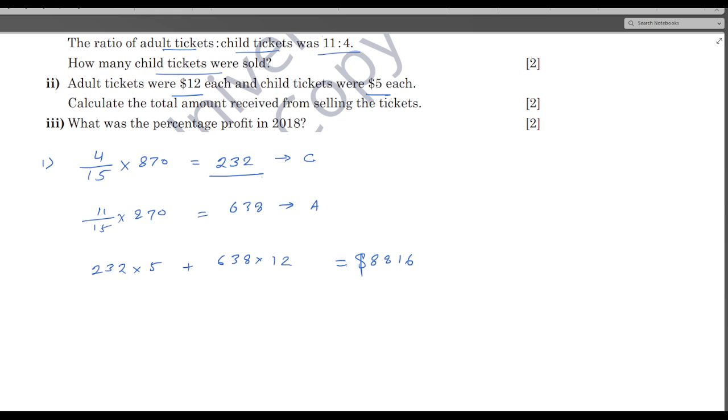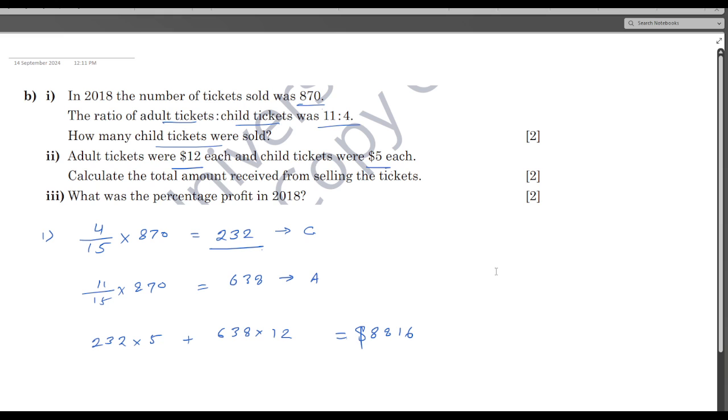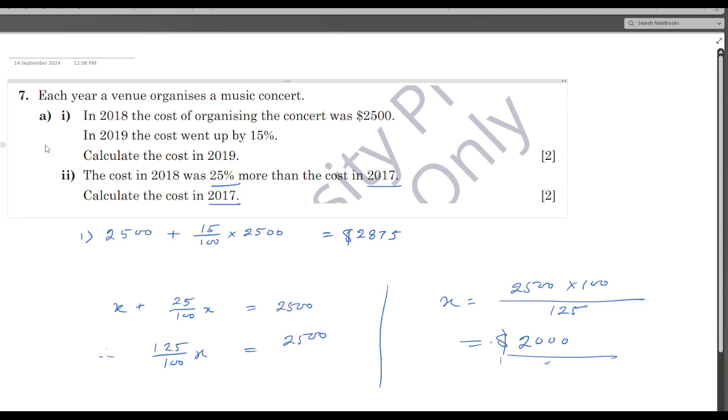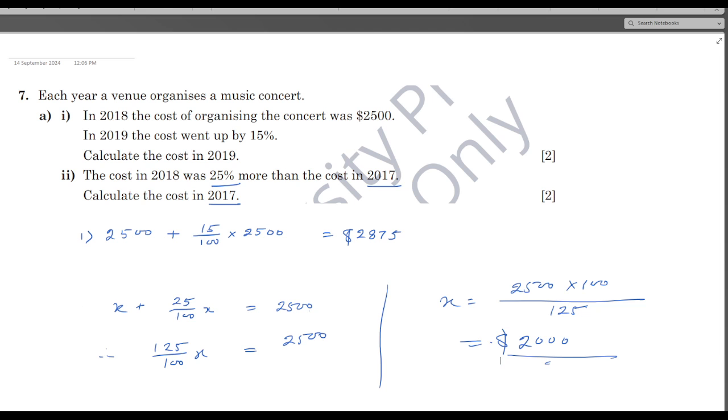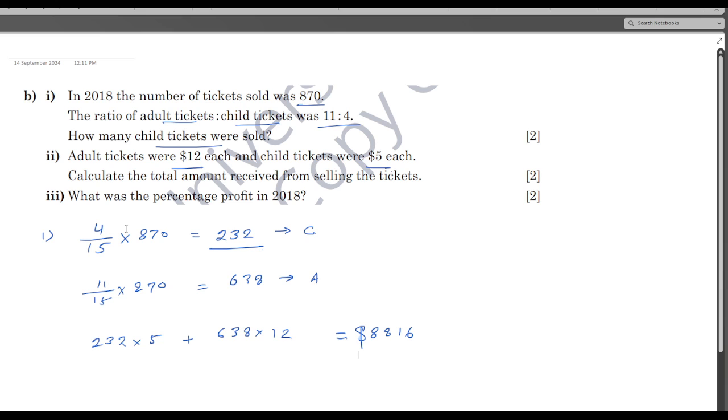Now the third part. The third part is, what was the percentage profit in 2018? Okay, so I have to see the A part. The question is, what was the percentage profit in 2018?